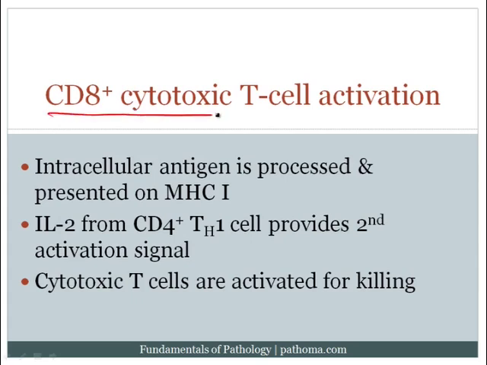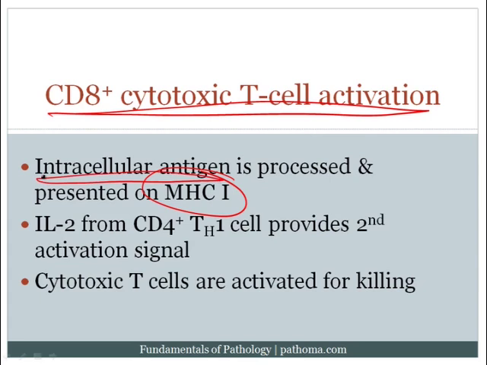CD8 positive T cells are going to be activated by the following. First of all, CD8 positive T cells recognize MHC class 1. We need to go back and review from basic immunology how antigen gets loaded on MHC class 1. It's intracellular antigen. Remember that a sampling of the protein being produced within the cell gets loaded on MHC class 1 and allows the CD8 positive T cells to determine whether there is a foreign protein being produced within the cell.